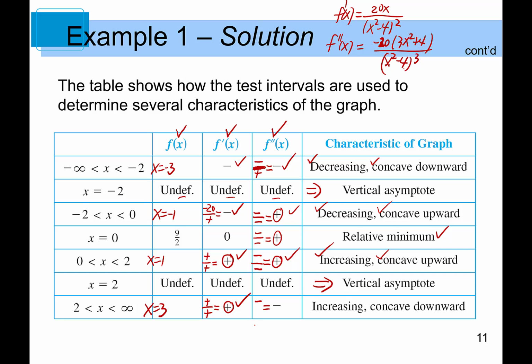The denominator: 3 squared is 9, 9 minus 4 is 5, 5 cubed is 125, which is positive. Negative over positive is negative. So that means it's concave downward. Okay, so this is a complete analysis of the whole graph of the function in detail.